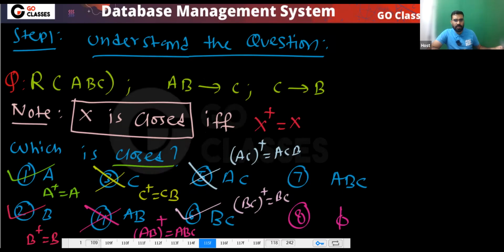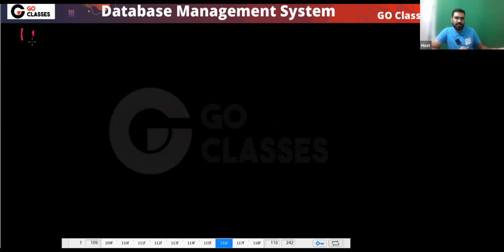ABC closure: can you notice that the set of all attributes will always be closed? It will trivially be closed, and the empty set will always be closed. These are a few results.